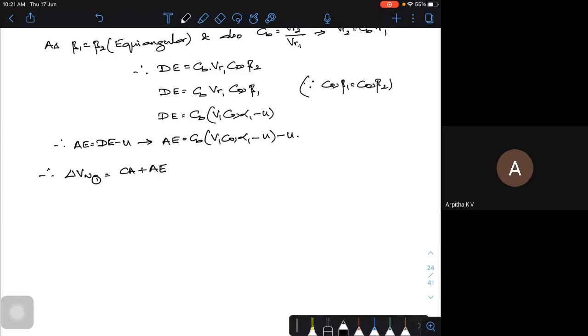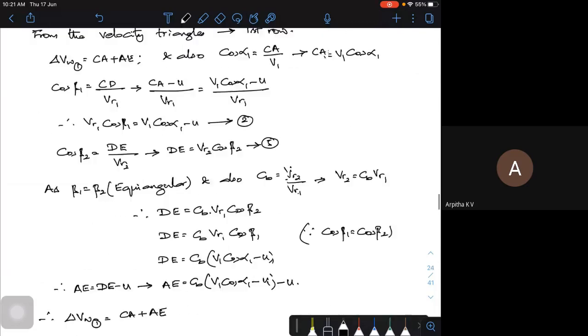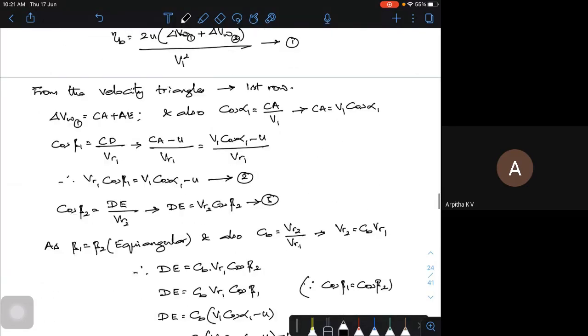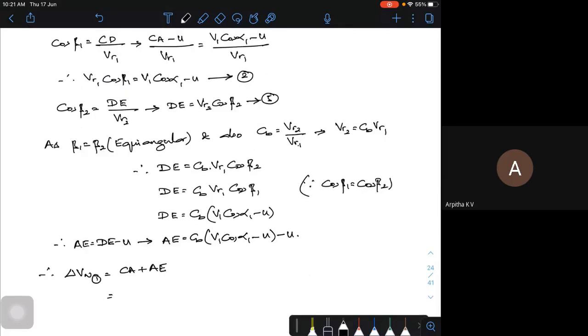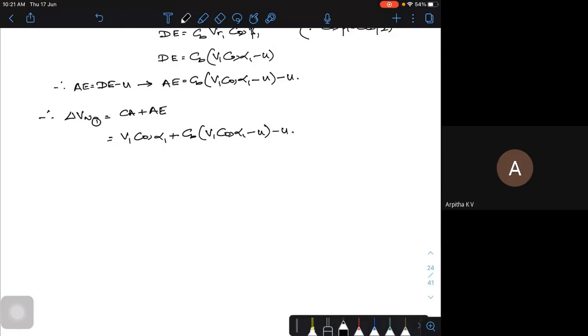CA is equal to V1 cos alpha 1. AE is equal to CB into V1 cos alpha 1 minus U, minus U. So this is V1 cos alpha 1 plus CB into V1 cos alpha 1 minus U, minus U. If you want, you can open the brackets.